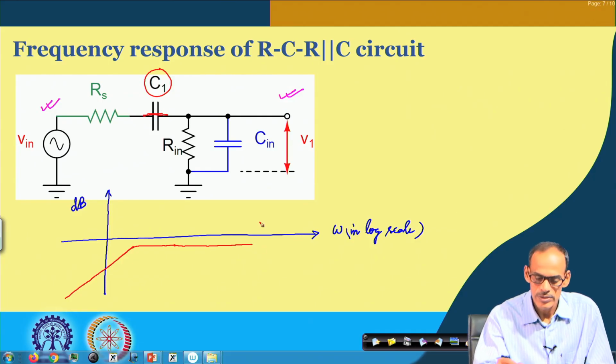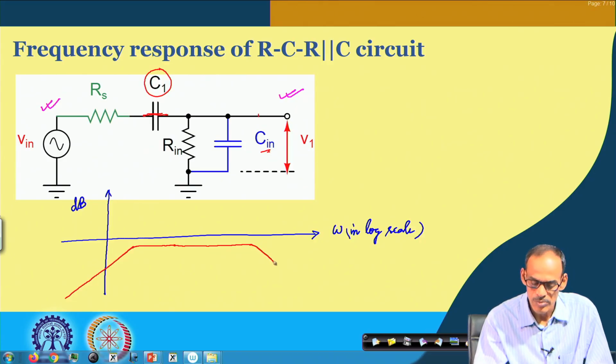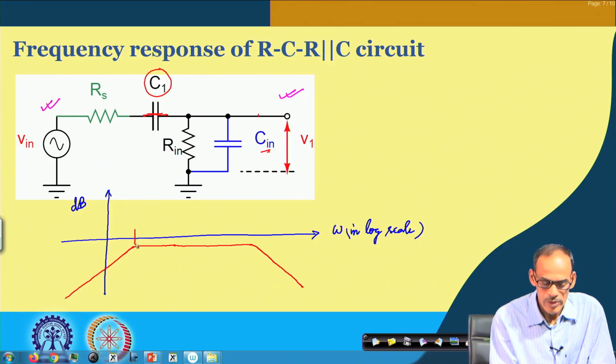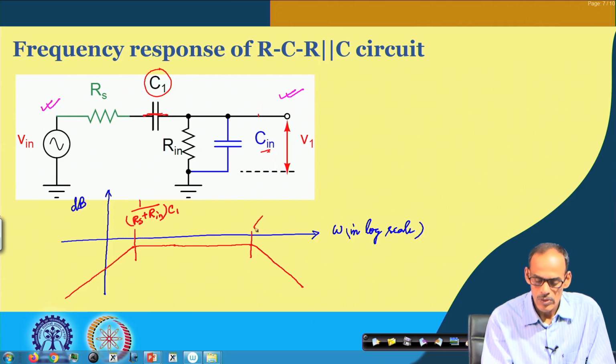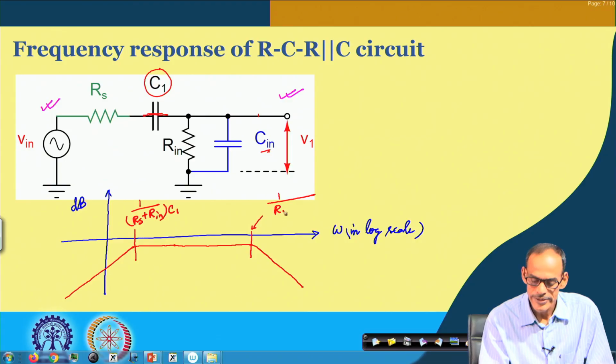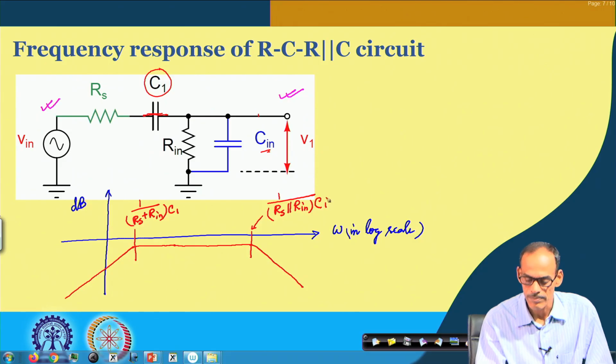The location of this pole is 1 by R s in series with R in multiplied by C in, and the location of the other pole is 1 by R s in parallel with R in multiplied by C in.